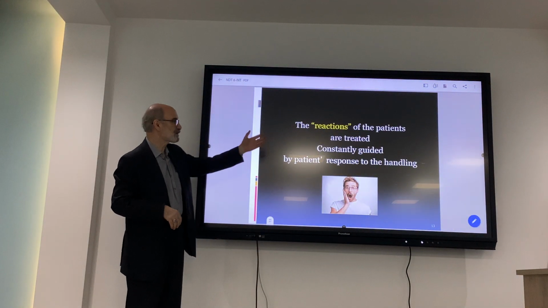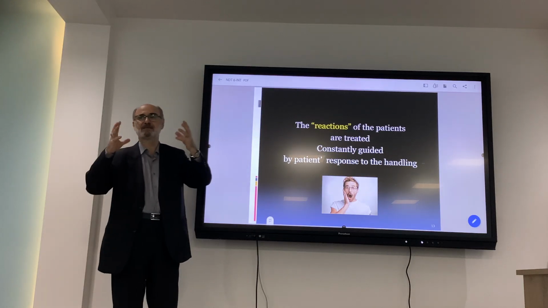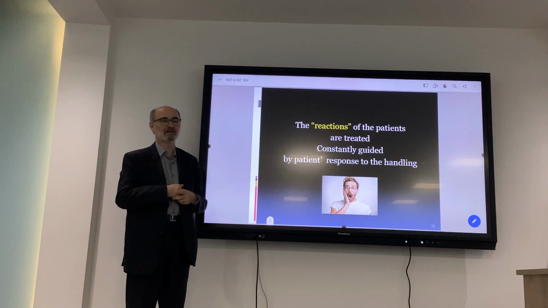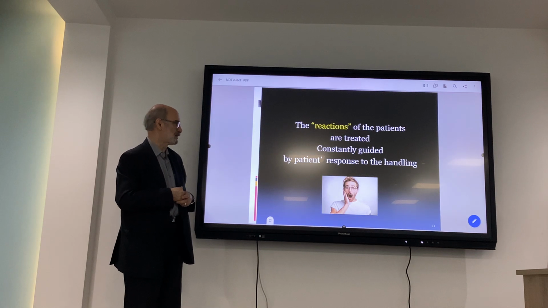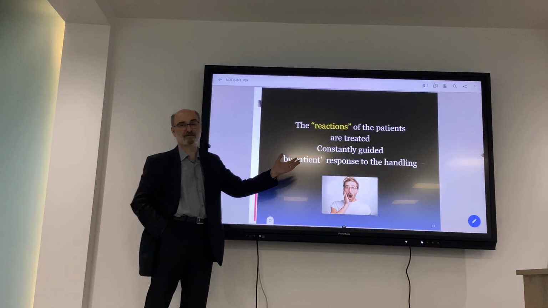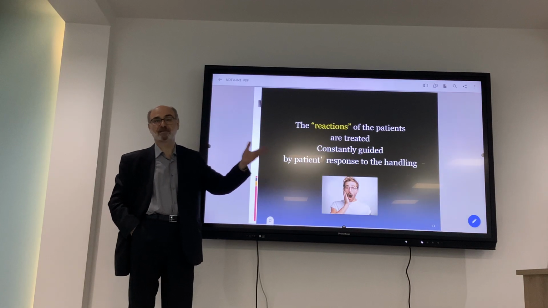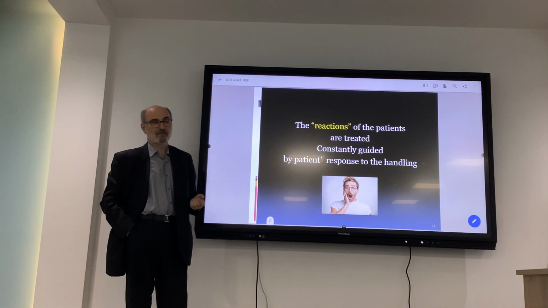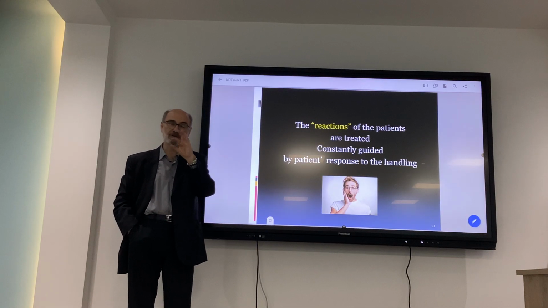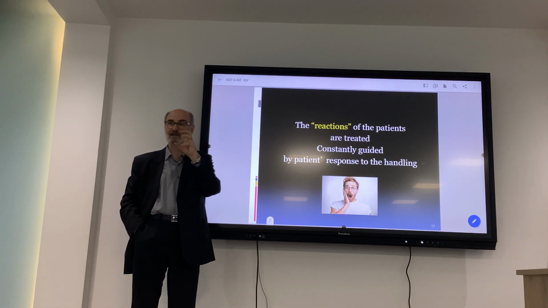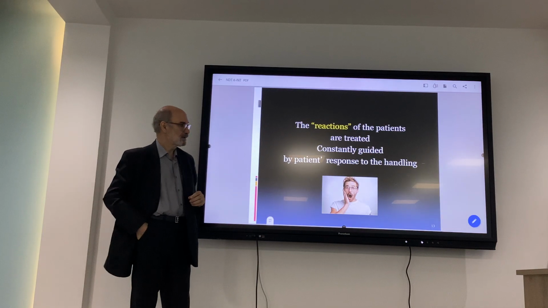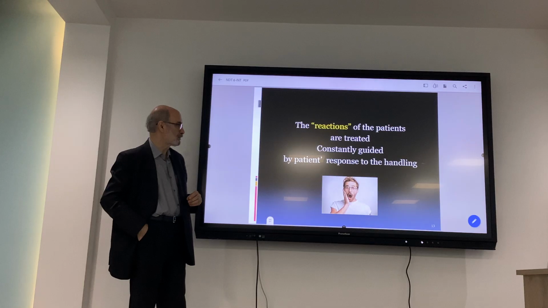Therefore, reactions of the patients must be considered when assessing and when treating the patient with hemiplegia. And the constant feedback provided by the patients can guide the physiotherapist to choose the effective technique for a specific particular patient.